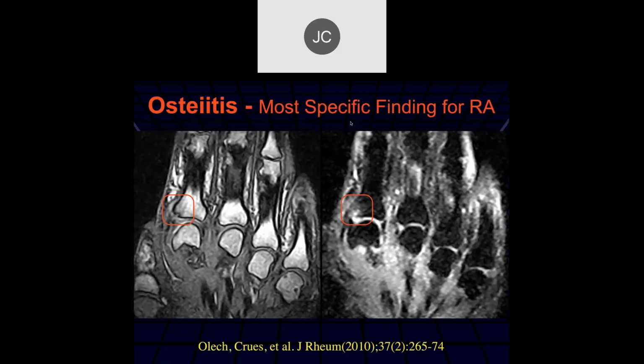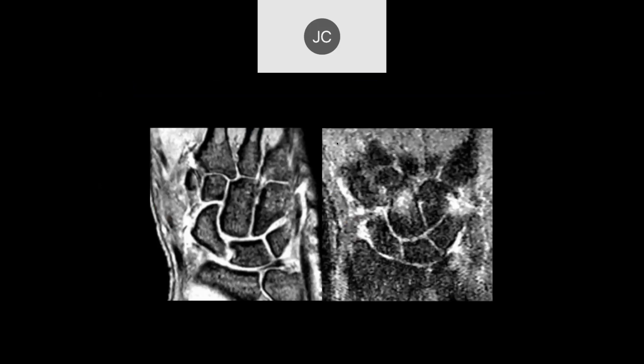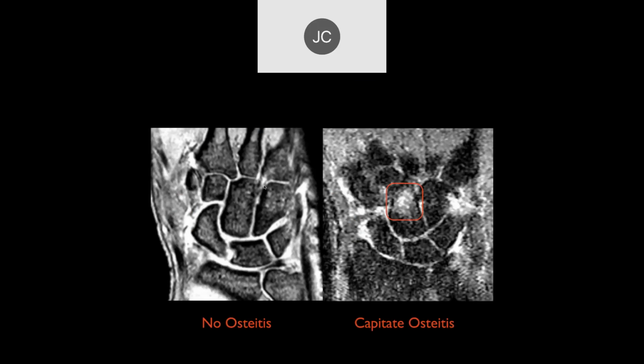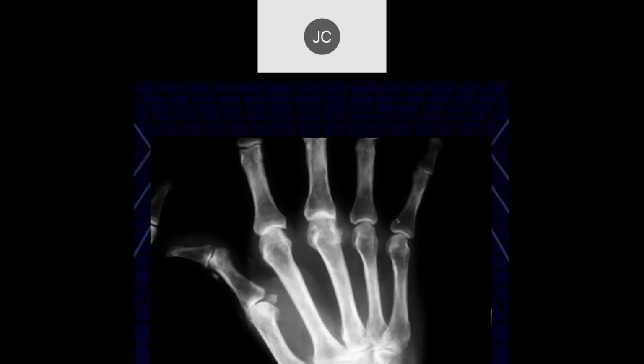So that's osteitis, and it's pretty specific for inflammatory disease. And here, these are STIR sequences, no osteitis, and here's the same patient at a later stage showing the osteitis within the capitate.